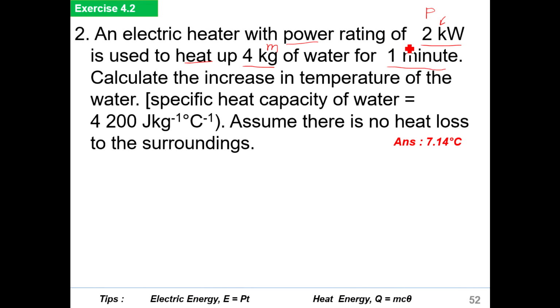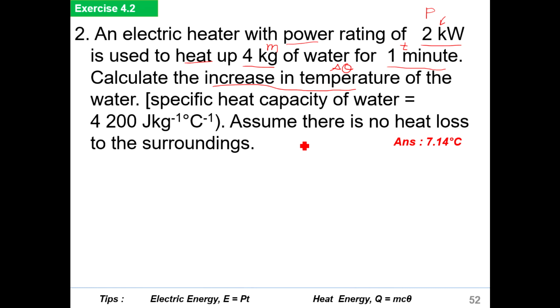This one is t. Be careful with the unit also because we need to change this to second. Calculate the increase in temperature, which means delta theta, of the water. The specific heat capacity of water is given, and we assume that there is no heat loss to the surrounding.